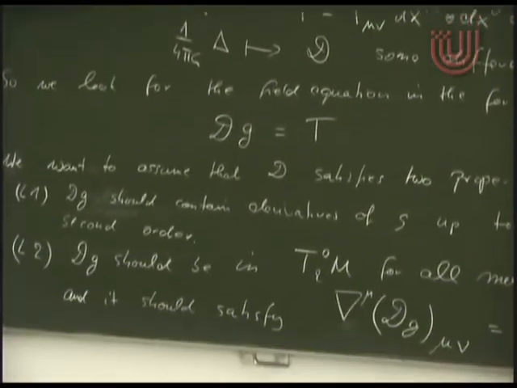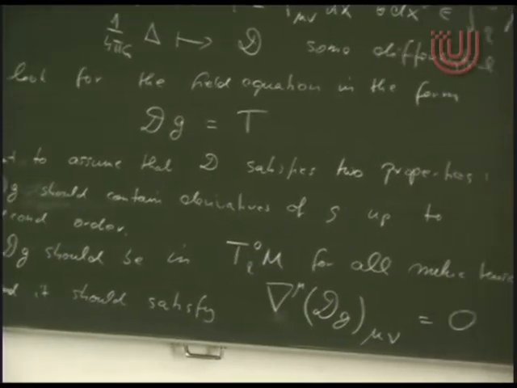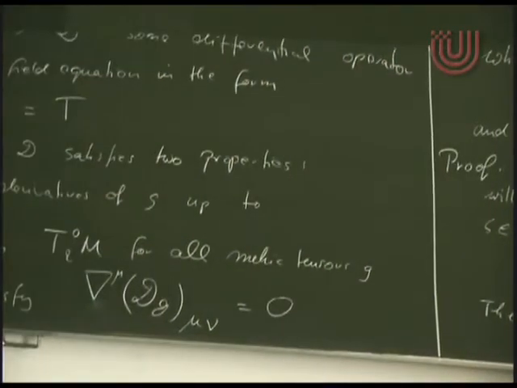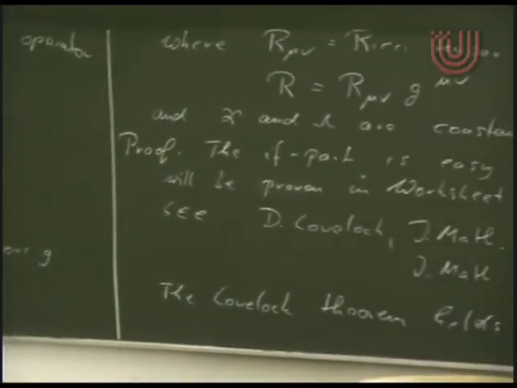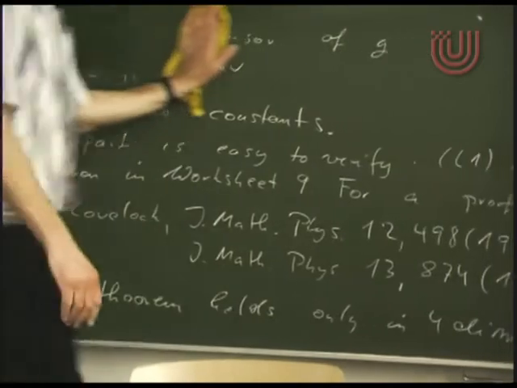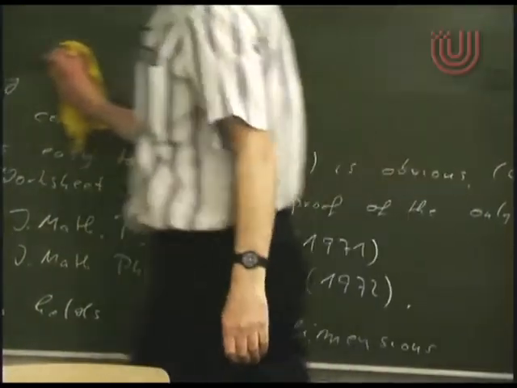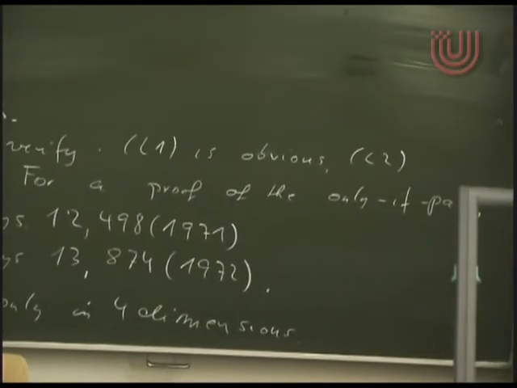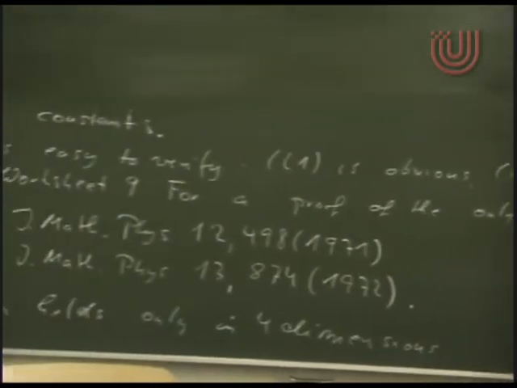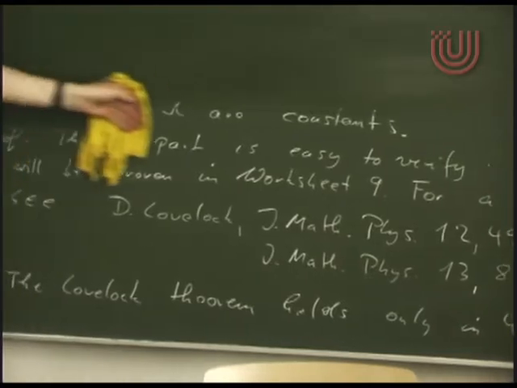But there's another one, somewhat trivial, another metric which obviously satisfies this equation with lambda equals 0. That's, of course, the space-time of special relativity. That's the case where we have g mu nu equal to eta mu nu in an appropriate local chart.